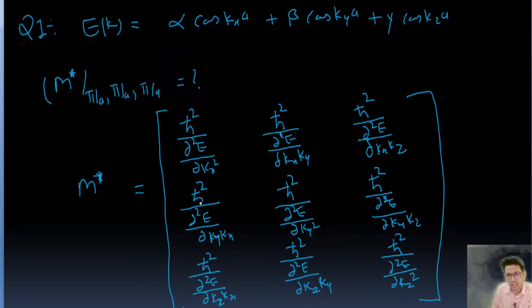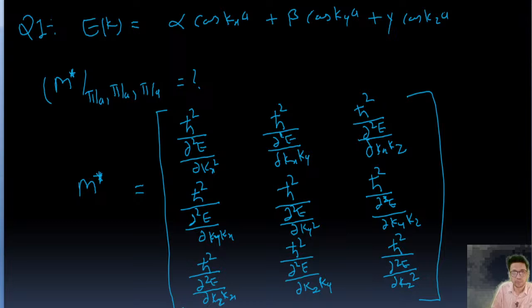Similarly, h cut square upon del square E upon del ky kx, del ky square, del ky kz, and then del kz kx, del kz ky, and del kz square.